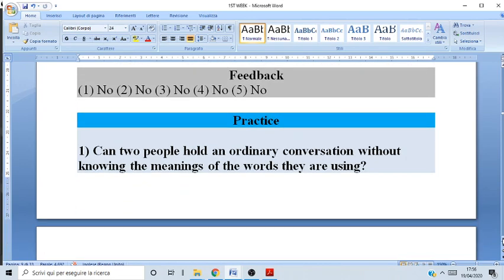Practice number 2. Can two people hold an ordinary conversation without knowing the meanings of the words they are using?